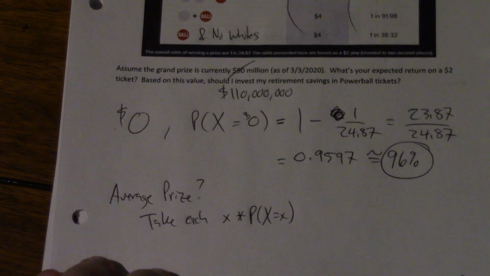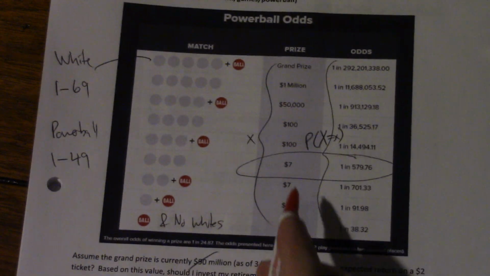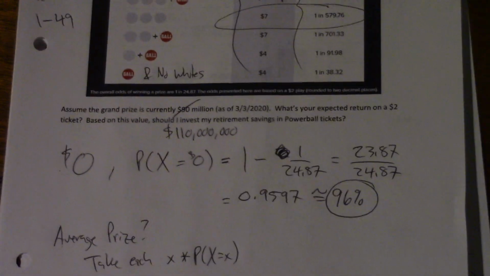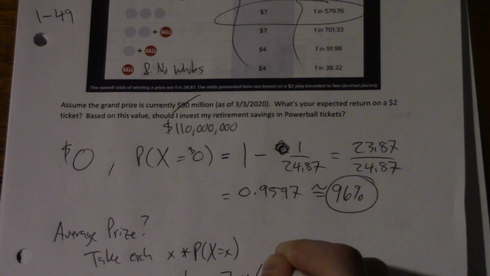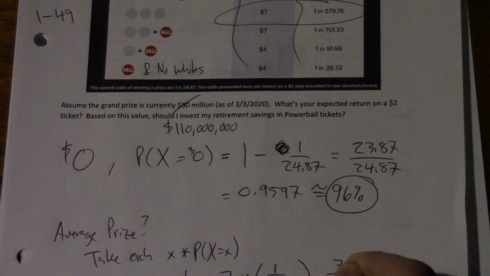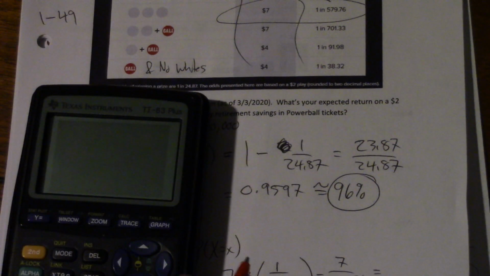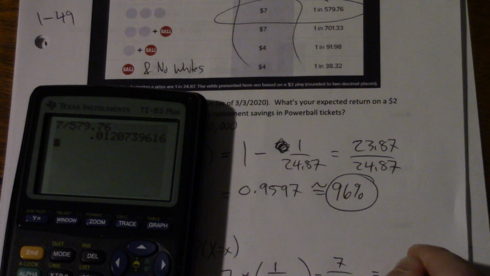For example, use this row. We would take the little x of $7 and multiply it by its probability, 1 over 579.76. So we'd get 7 over 579.76, or 0.0121.